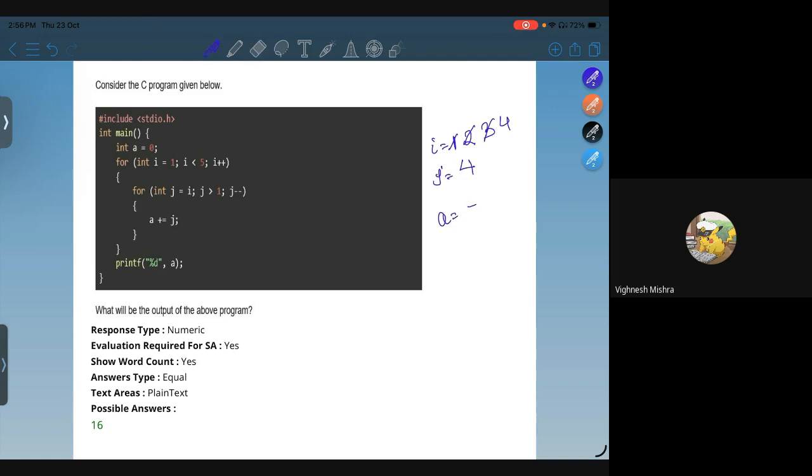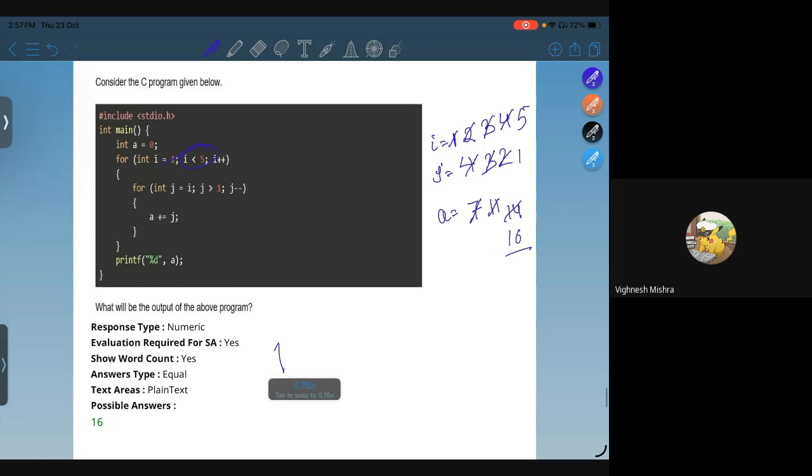This is 7, so j 4 will be added. It will be 11. It will become 3, and 3 will be added, so it will become 14. Become 2, 16. And 1, nothing is going to happen. Once it reaches 5, it won't do anything because this condition will fail. The answer should be 16.